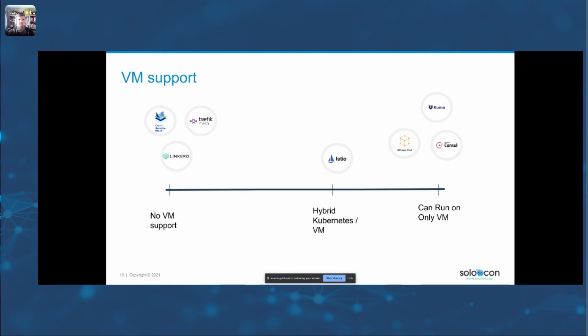Now, the VM-based workloads are probably not where you're going to start to deploy your service mesh, but they can't be excluded. There's likely more VM-based services than there are container-based or Kubernetes-based services, especially in a large organization.